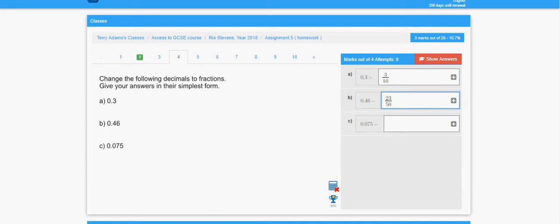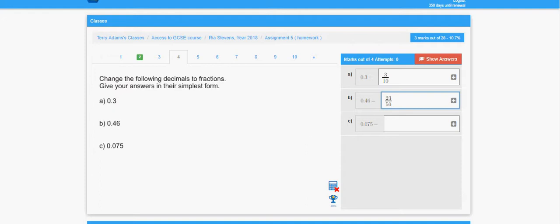So now what we've got here, remember, tenths, hundredths, thousandths. So what we've got here, we've got no tenths, but we've got 7 hundredths and 5 thousandths.